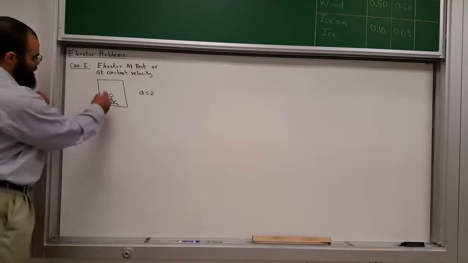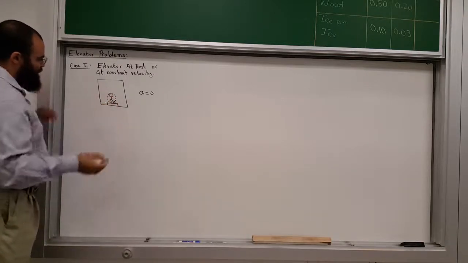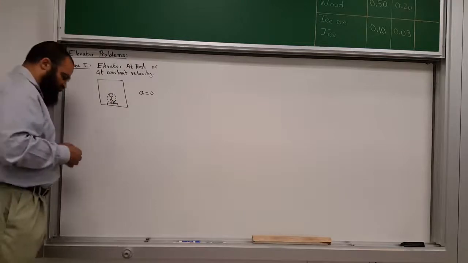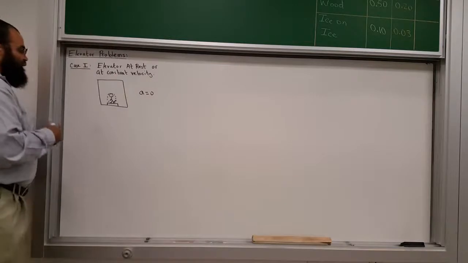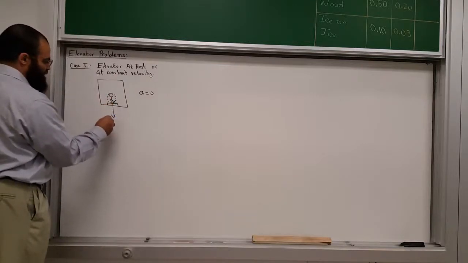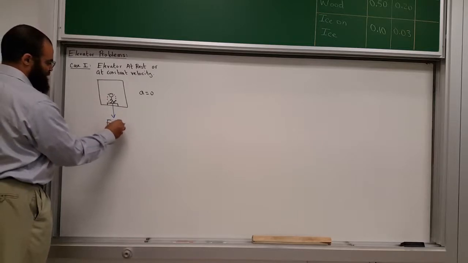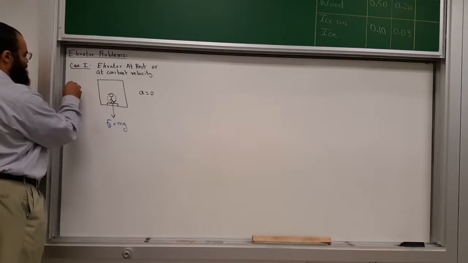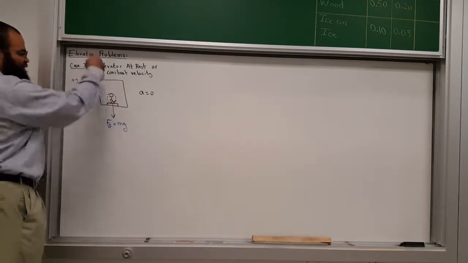And then you ask, what could possibly be the forces on you? Well, there's gravity because you're on Earth, so gravity will try to pull you down, and the force of gravity is mg. And by the way, we will take this to be the positive y direction. The x direction is left and right, but the motion is up and down.